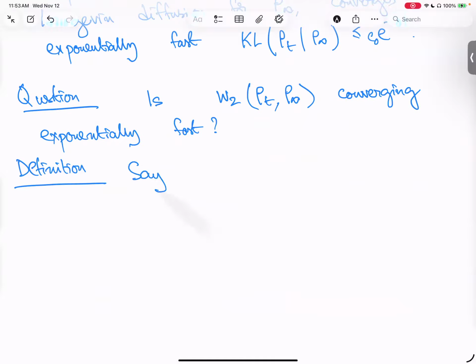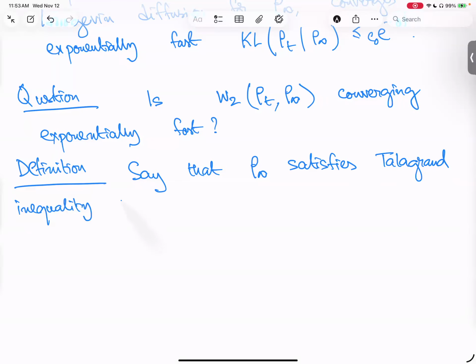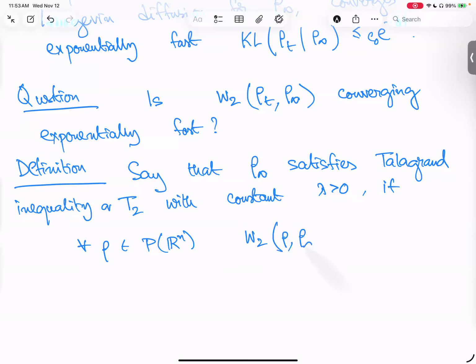We say that rho infinity satisfies the Talagrand inequality, which is named after Michel Talagrand, T2 with a constant lambda, if for all probability measures rho, I can bound my W2 distance from rho to rho infinity by the square root of 2 over lambda times the relative entropy of rho to rho infinity.